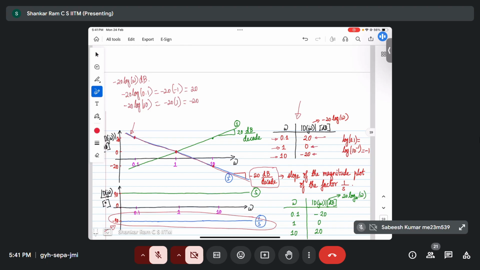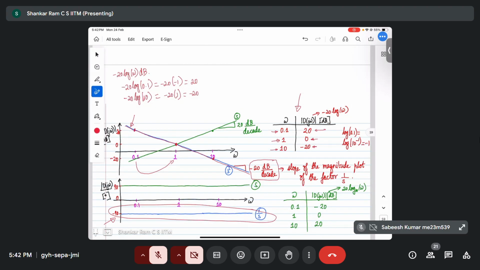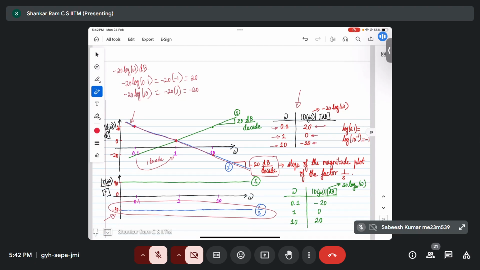Let's reason it out. When you go from 0.1 to 1, which is one decade, multiplying by 10, what is the change in the magnitude? It goes from 20 decibels to 0 decibels, so it is decreasing by 20.